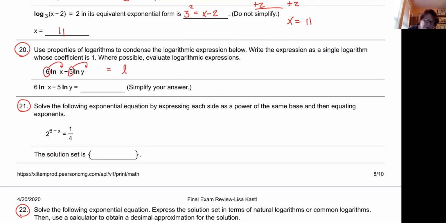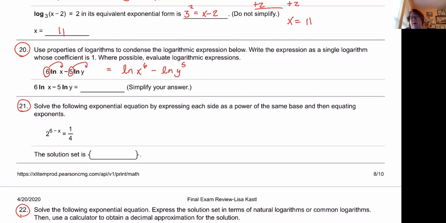So that's going to be the natural log, and that is ln. Someone on their exam typed in an I. It is not an I. It's a lowercase l. Natural log L. So ln x to the 6th minus ln y to the 5th.